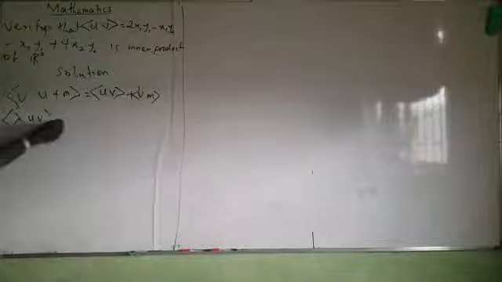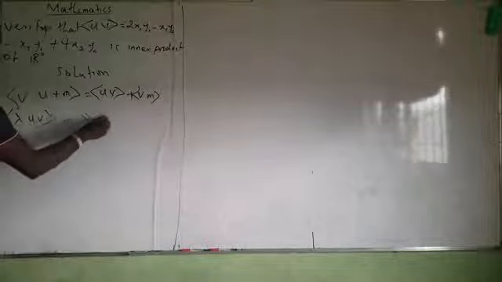I've explained that at the beginning of the video. Also, I said that when I have something like this, it is the same thing as lambda times <u, v>. And also, if I have something like this, what else did I need? It must be symmetric.